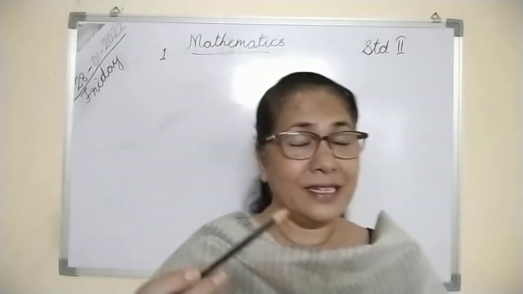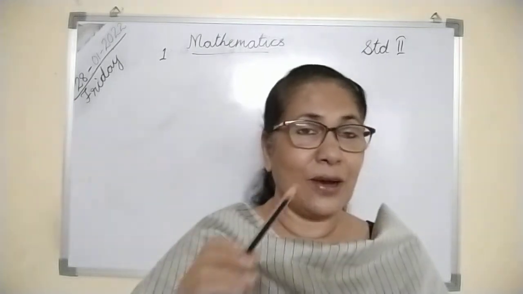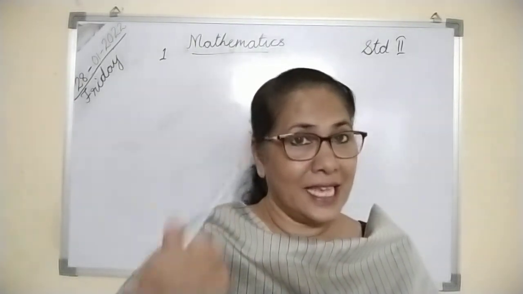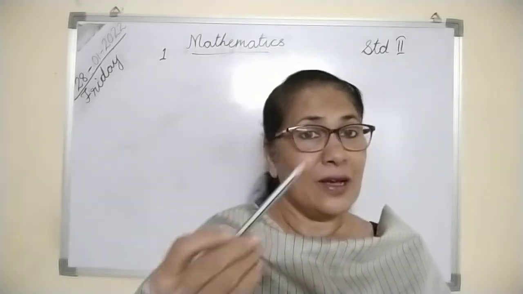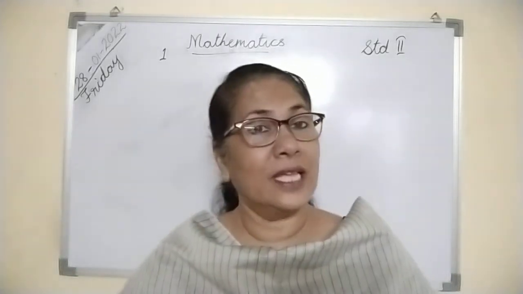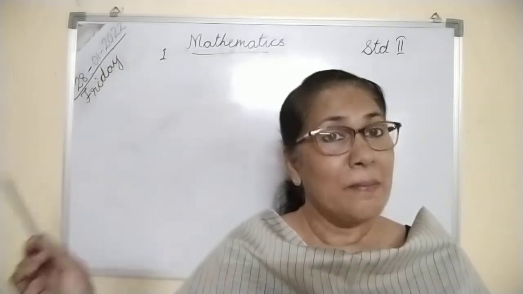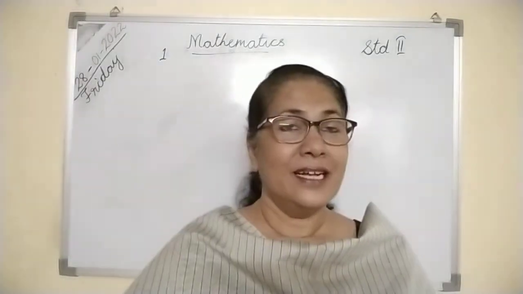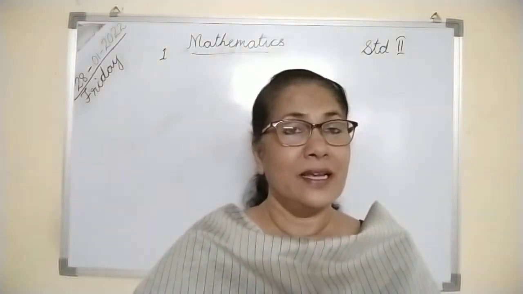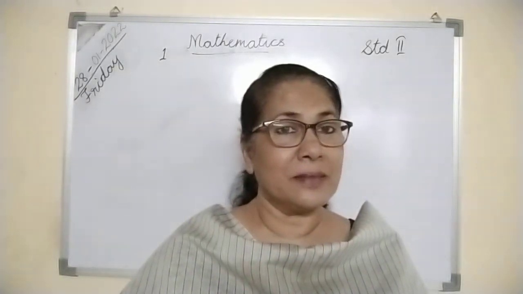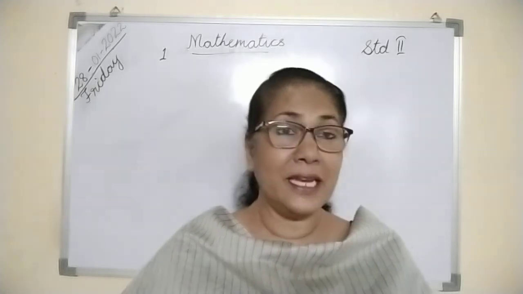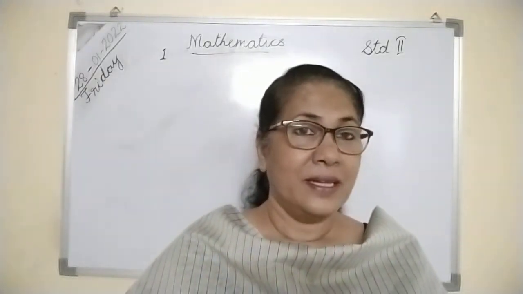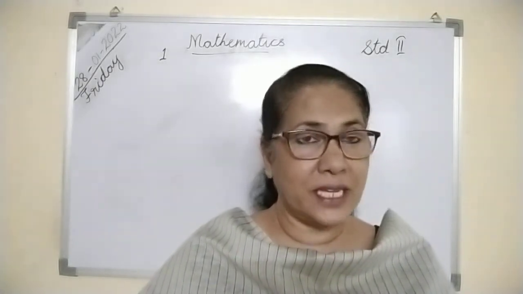You have already learned the short length is measured in centimeters and the longer length is measured in meters. Yes, a pencil is measured in centimeters. So in that box you write cm, the short form of centimeter.